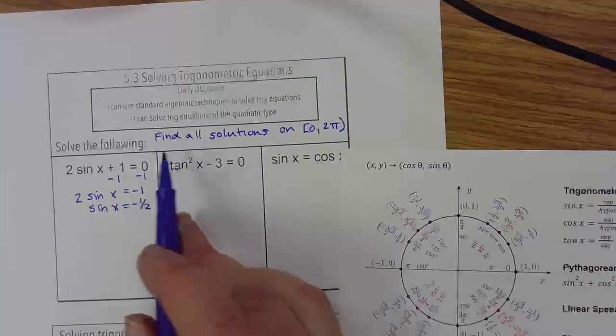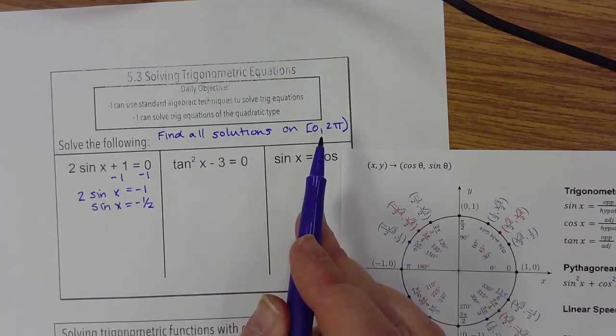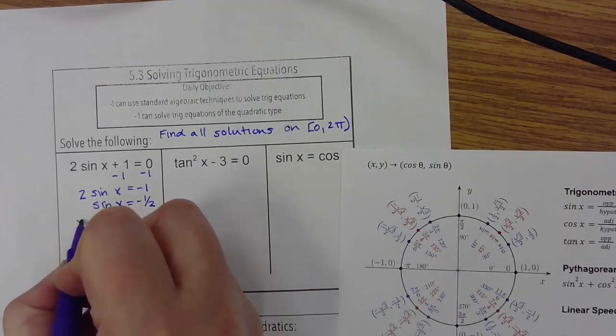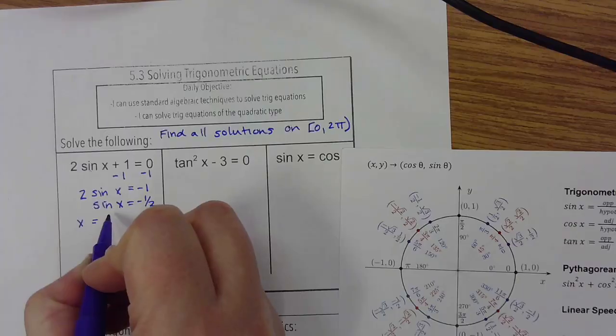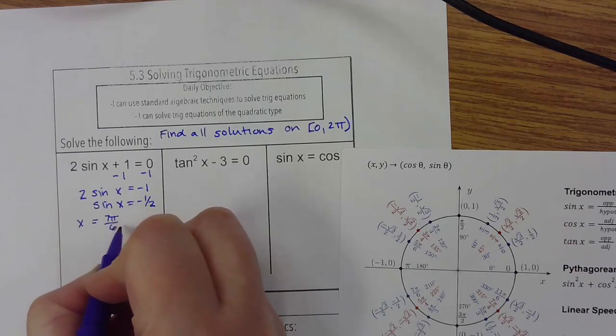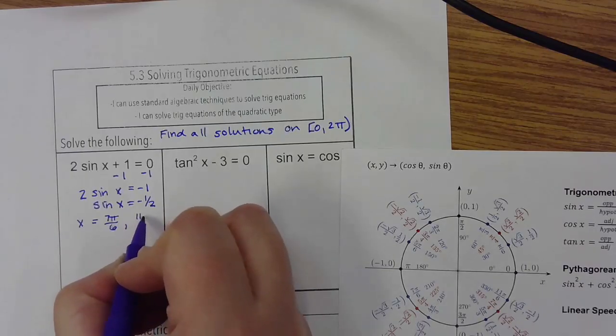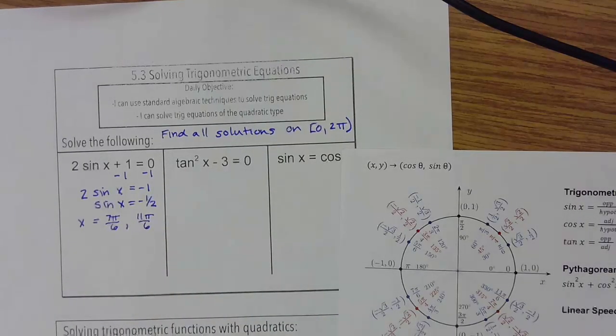So if these were your directions, find all solutions from 0 to 2 pi, you would just list it as 7 pi over 6 and 11 pi over 6.